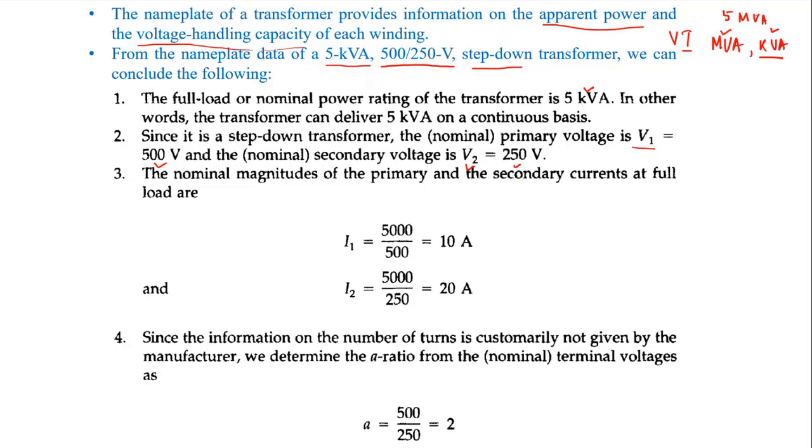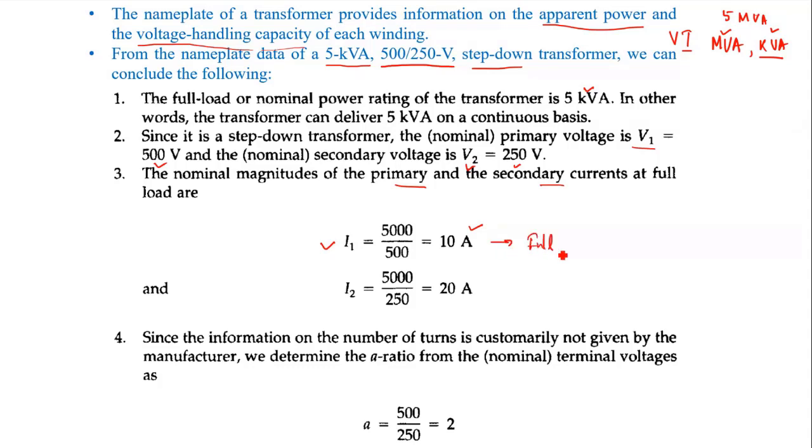Then we can easily find the current from here, because the apparent power is given. You can just divide the apparent power by the voltage and you'll find the current. So the nominal magnitudes of the primary and secondary currents under full load: I1 will be 5000 by 500, it will be 10 ampere on the primary side. This is your full load current.